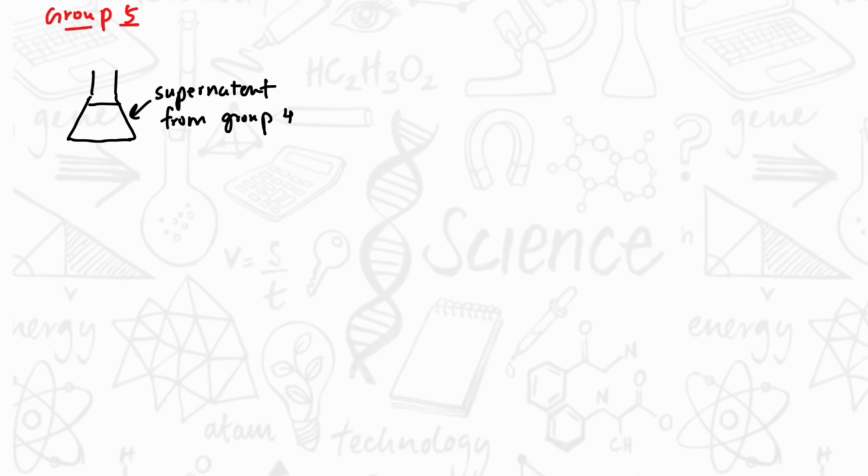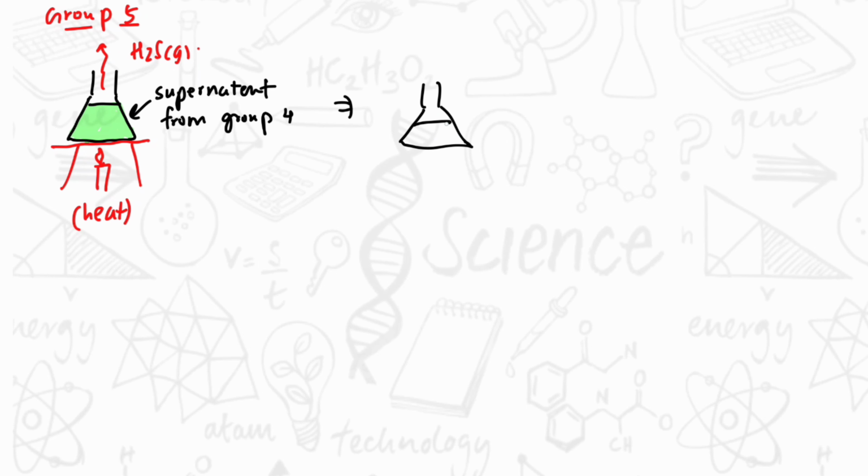Now let's move on to the next group, which is group 5. Here we take the supernatant from group 4 and then we heat it to remove the H2S gas. We take the solution and we add ammonium chloride and ammonium hydroxide buffer, and then after that it is followed by ammonium carbonate solution.